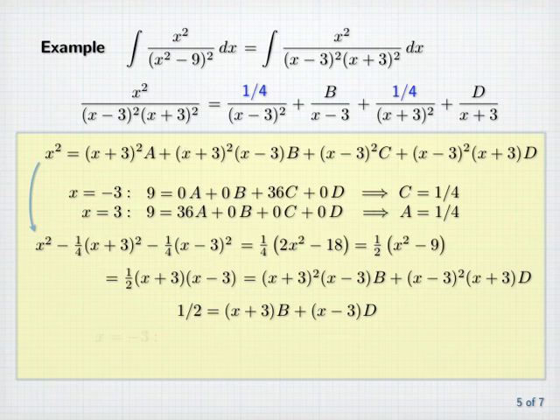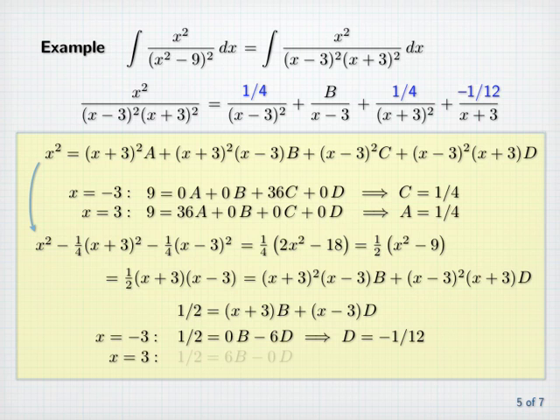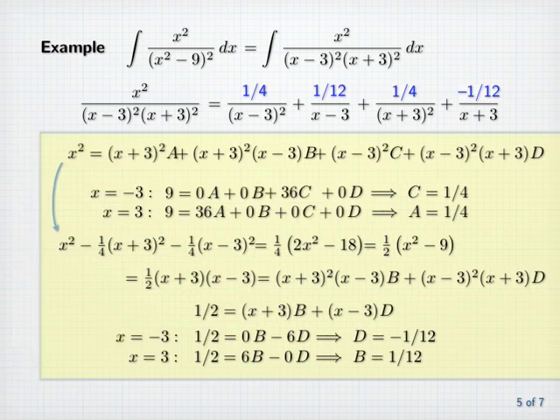Plugging in minus 3 gives us 1/2 equals 0 times b minus 6d, which tells us that d is minus 1/12, and x equals 3 gives us 1/2 equals 6b minus 0d, which tells us that b is positive 1/12.